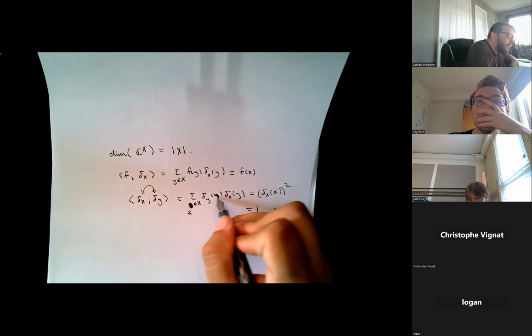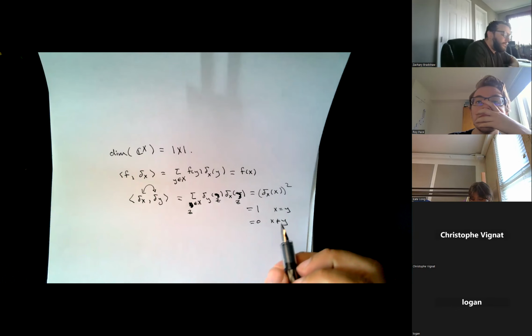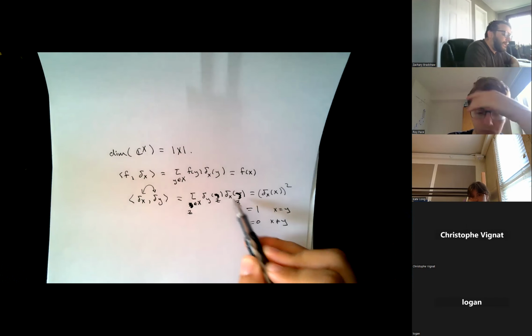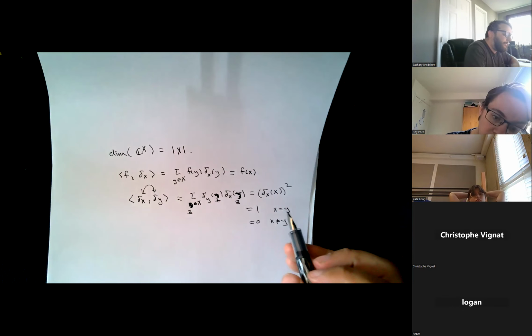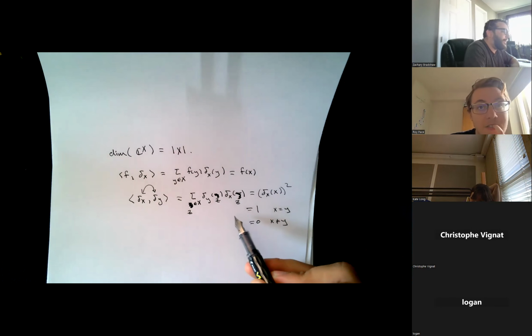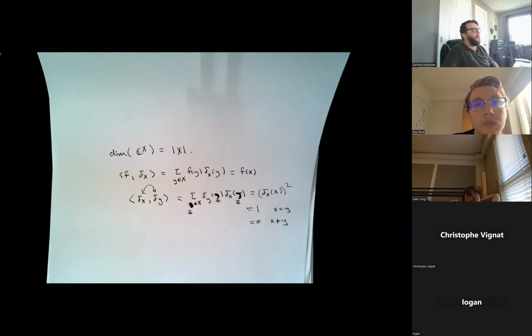This should be a z. So the only term that survives is when x is equal to z and z is equal to y. And so these conflict with each other if x is not equal to y, but they agree if x is equal to y. All right, we've done it finally. Thanks.